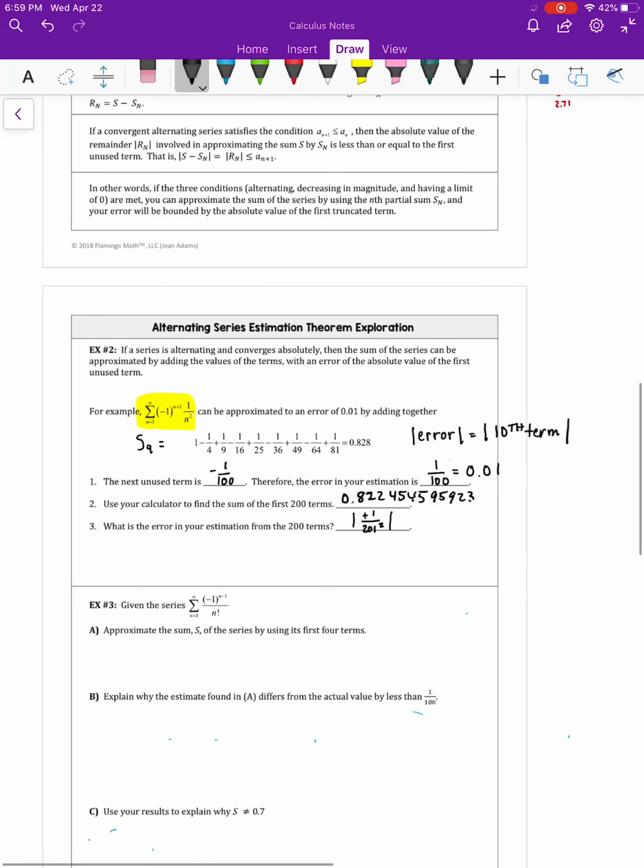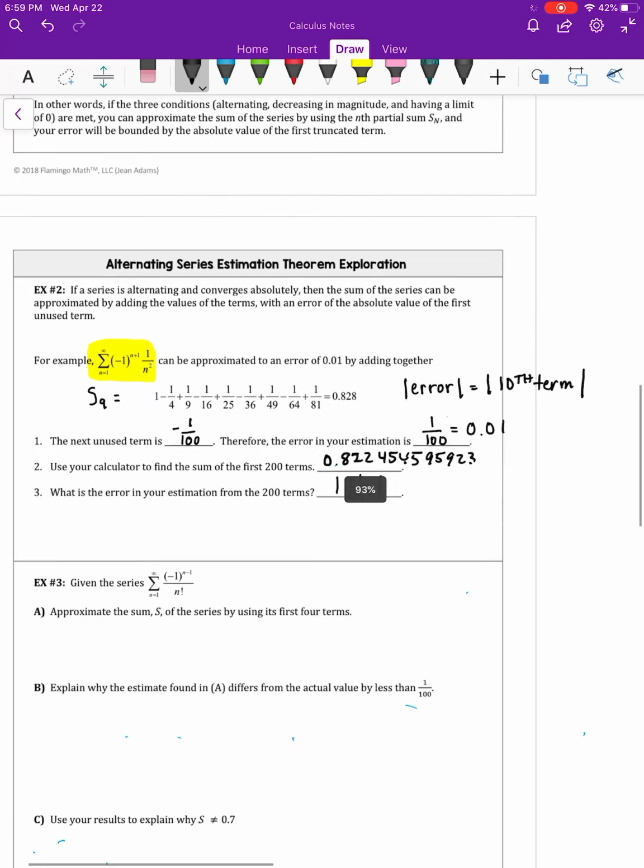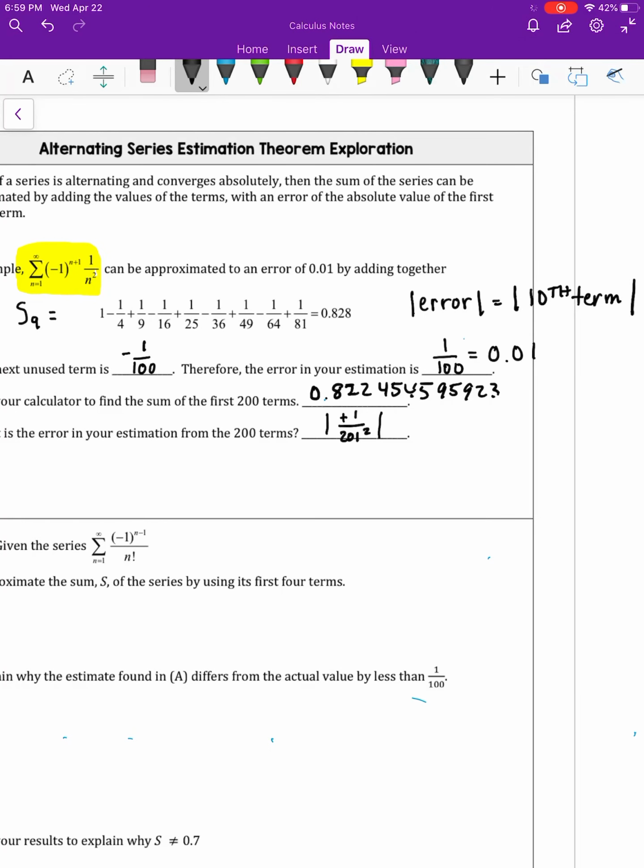Is that going to be that? Oh no, that's going to be my odd, so it's going to be positive. Okay, so I made it negative. Never mind. Anyway, absolute value of 1 over 201 to the second power, because I'm 1 over n squared.